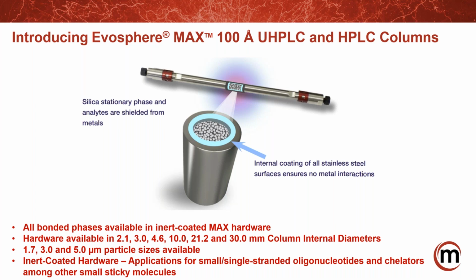You could get away from using the coated hardware if you did an overload injection, but the hardware is actually worth it in the price of the column because the analytes are so expensive to run.